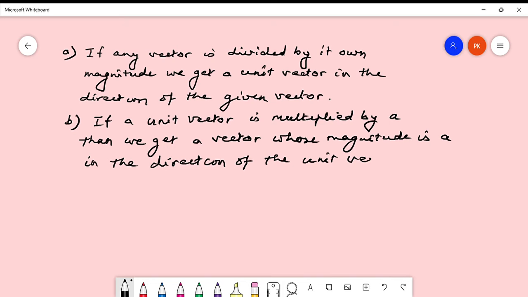So this is just the opposite thing. Now I am multiplying the unit vector by a scalar a. That means I am making the magnitude of the vector a. So I will get a vector whose magnitude is a in the direction of the unit vector. So keeping these concepts in mind, let us solve some problems.